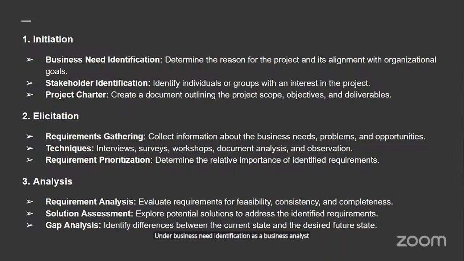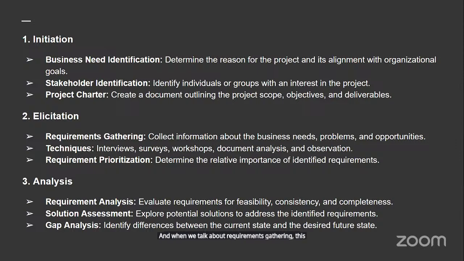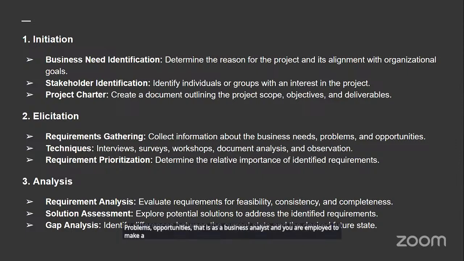Also, we have the elicitation. When we talk about elicitation, that is gathering of documents, techniques involved in gathering, and the required prioritization. Requirement gathering involves collection of information about business needs, problems, and opportunities. As a business analyst employed to make a change in a business, the number one thing you do is to collect data and information relevant to the business.